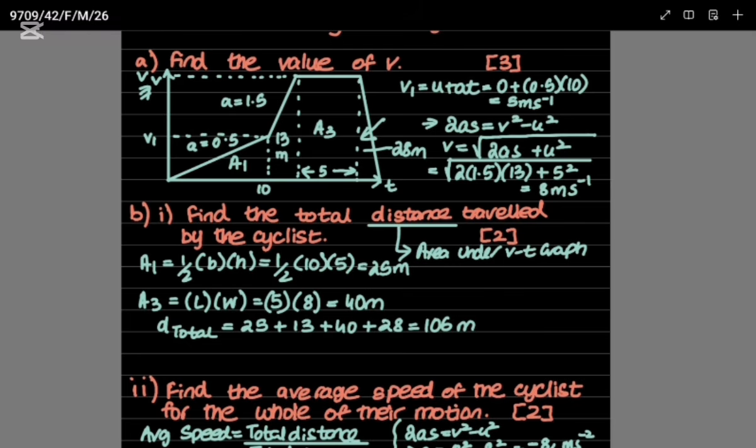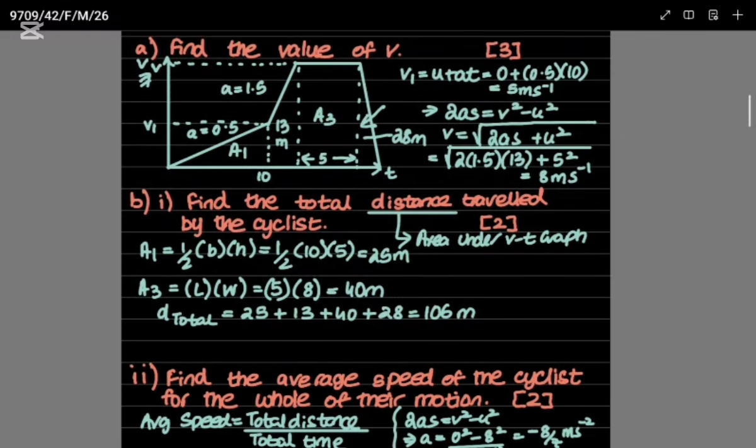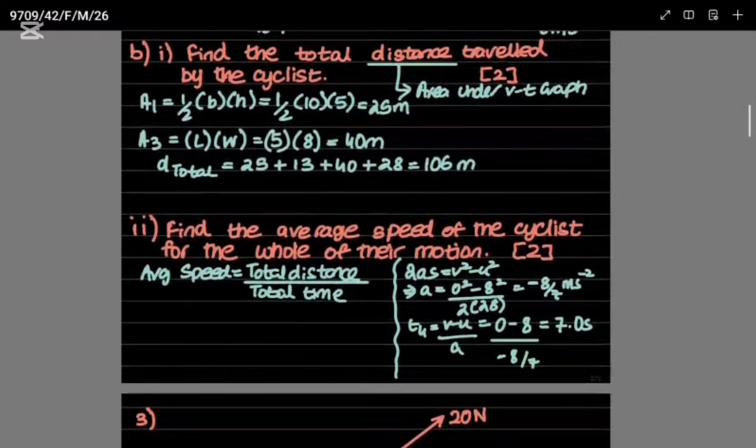Now we need the time for this part of the journey. What's that? So I think we can find it. We have final velocity, we have initial velocity, and acceleration is there, so we can find it easily.